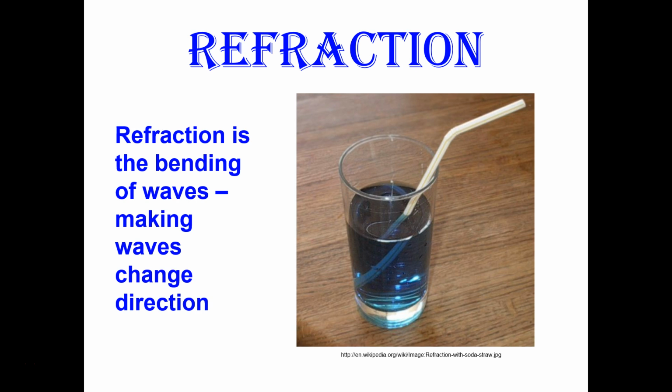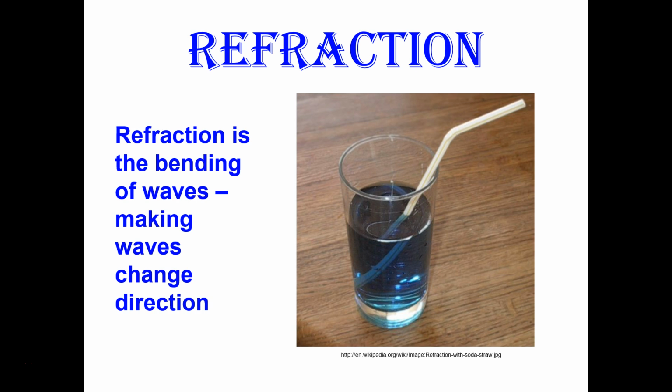So the waves that have to travel through the glass and then through the water actually change their direction. They bend a little bit in response to being slowed down by all of those extra particles. That's in comparison to the waves that are traveling through the air, which is much less dense.